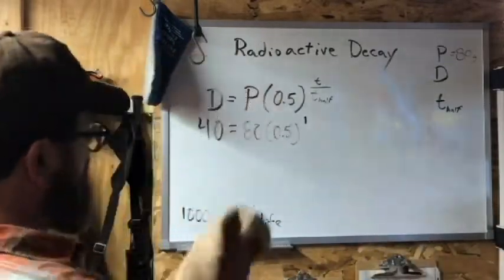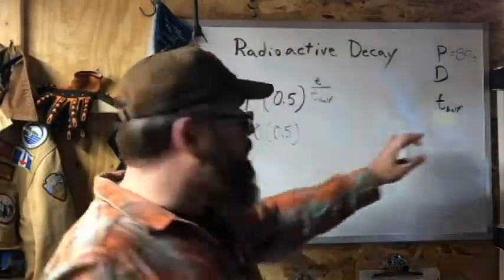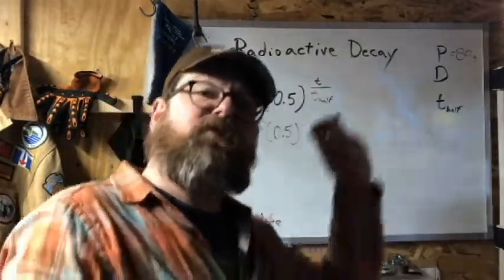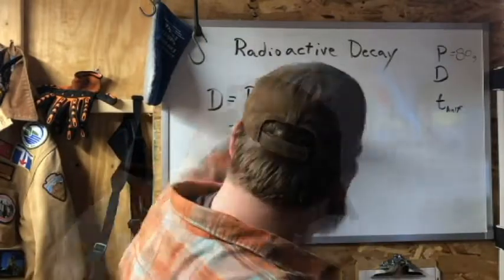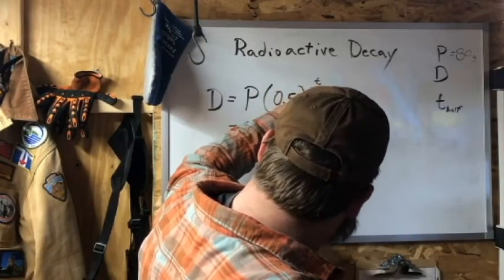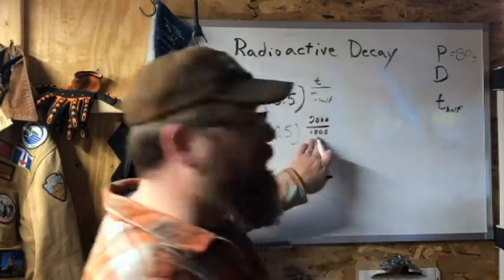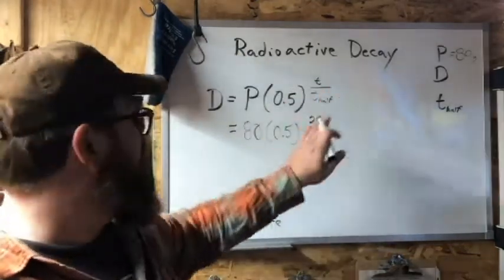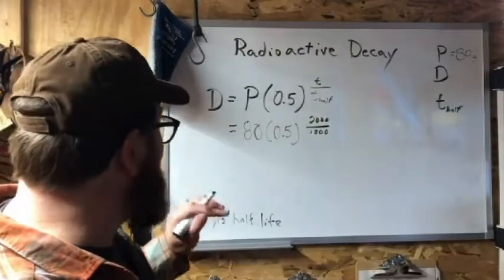Let's try 2 real quick. After my second half-life, the time is going to be 2,000 years, okay? So I'm going to have 2,000 up here, and 1,000. I'm always going to have 1,000 in this part of the exponent. This is an exponent, okay? I'm trying to not write it too sloppily.